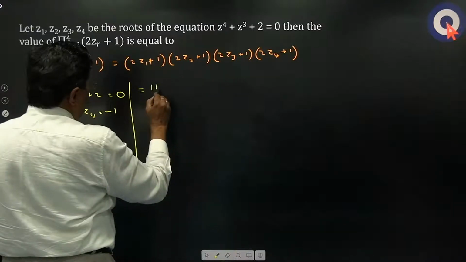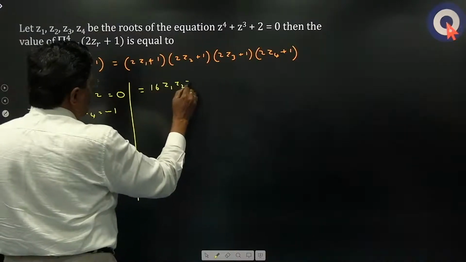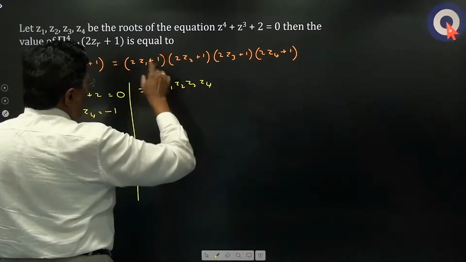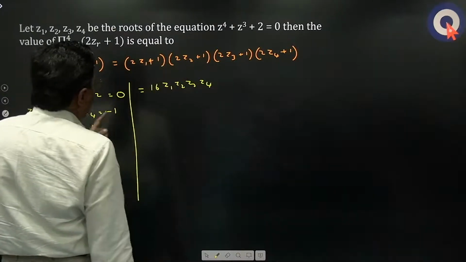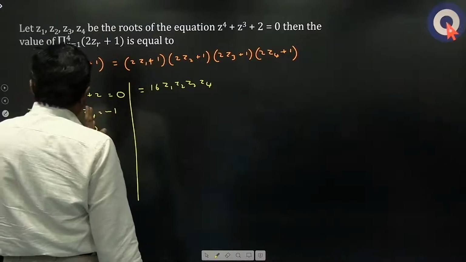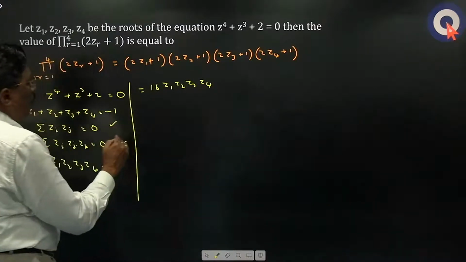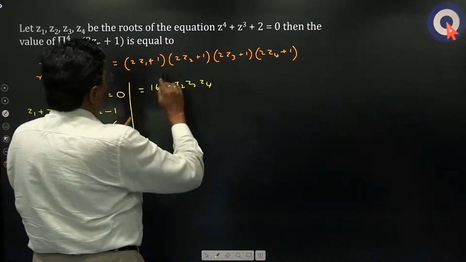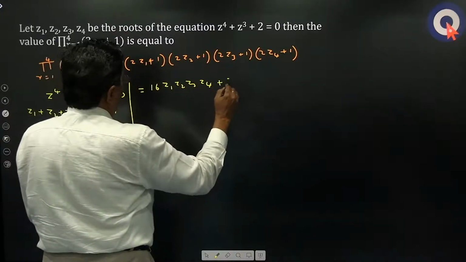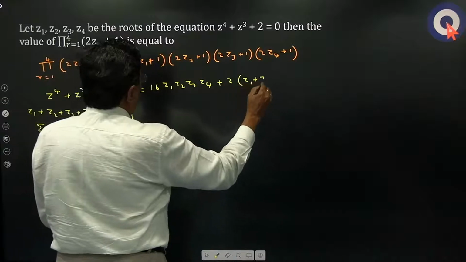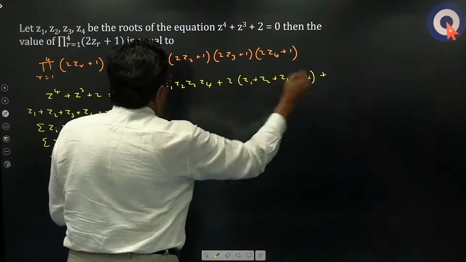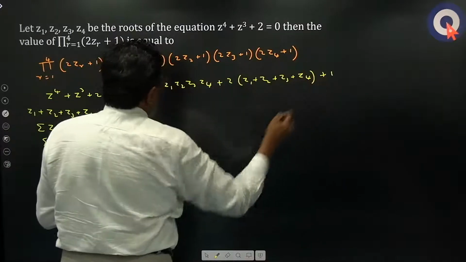So 16 Z1, Z2, Z3, Z4, and all the other sums of the products taken 2 at a time, sums of the products taken 3 at a time, all that will become 0 because of these two. But we have one case where 2 into Z1 plus Z2 plus Z3 plus Z4 comes, and plus 1, 1, 1, 1 if this is multiplied, that comes.